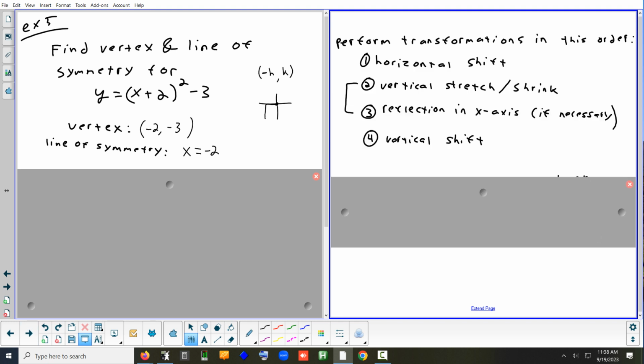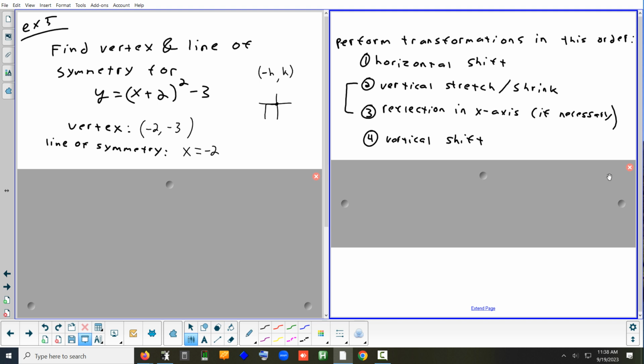So here's the steps that we always want to follow when we do transformations. Notice horizontal stretch is not in there. Neither is horizontal reflection. We're kind of skipping those because the horizontal reflection, first of all, doesn't make sense with a parabola because you can't tell you did it.